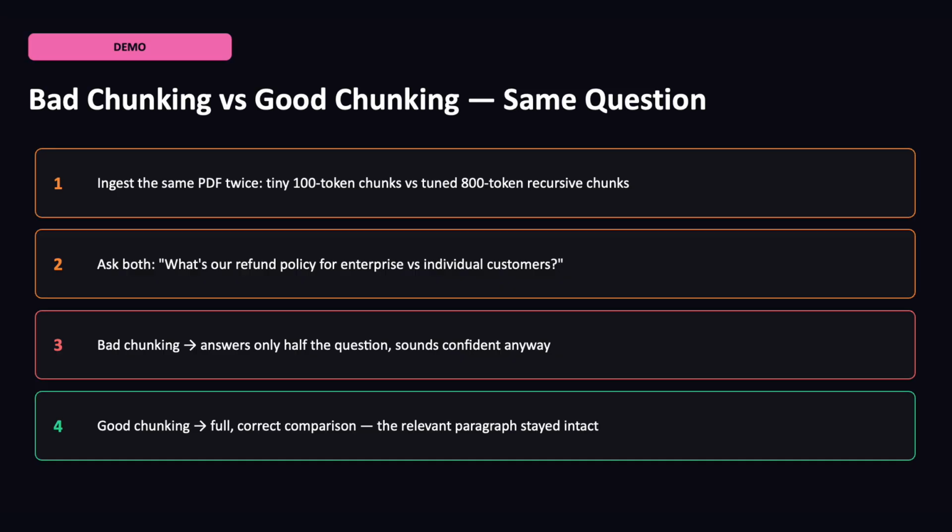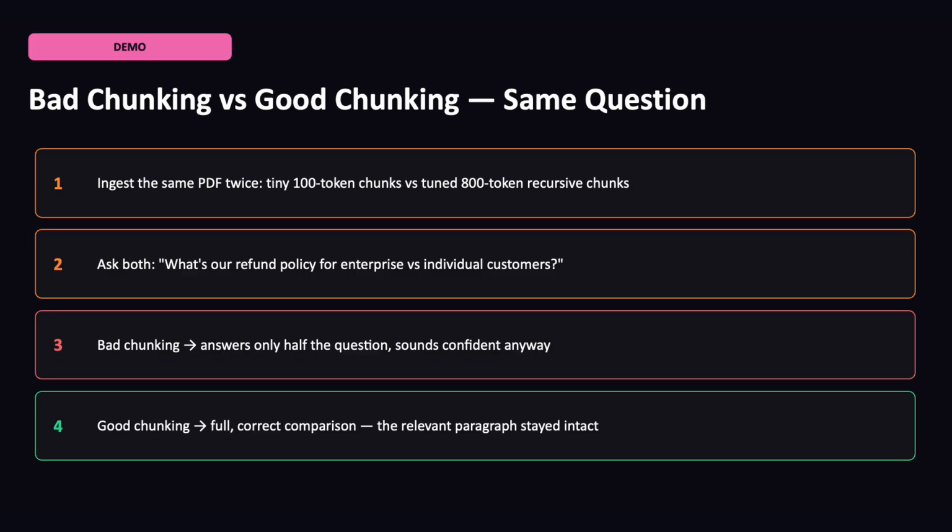What's our refund policy for big customers versus regular customers? What happens? The careless version only answers half the question and still sounds totally sure of itself. The sensible version gives you the full correct comparison because the important paragraph didn't get torn apart before the AI ever saw it.